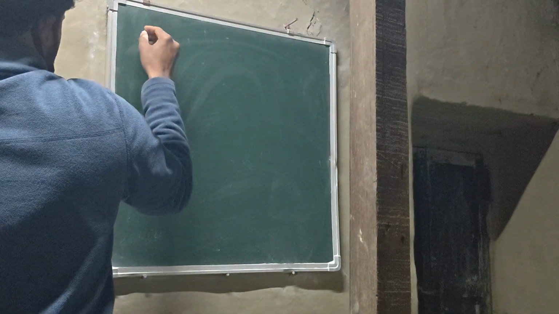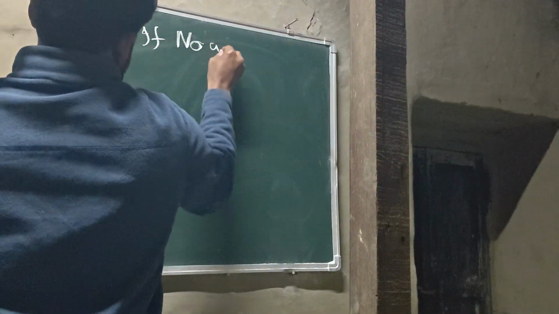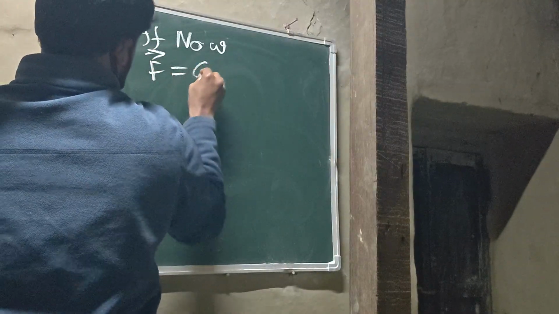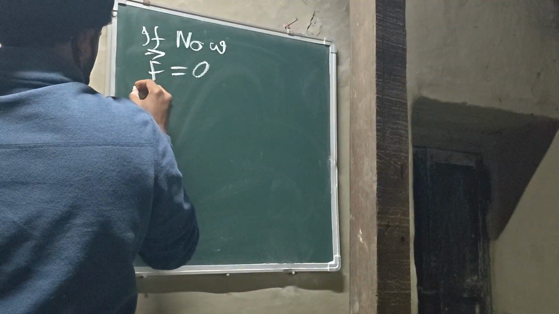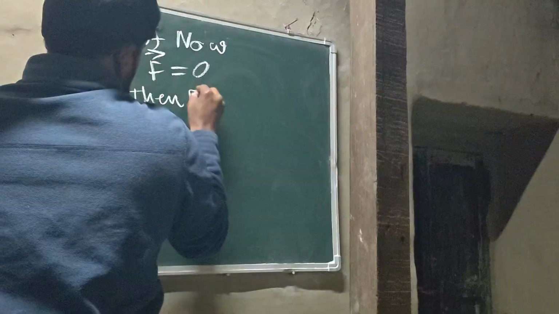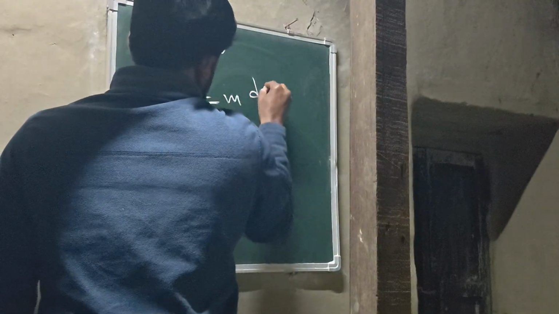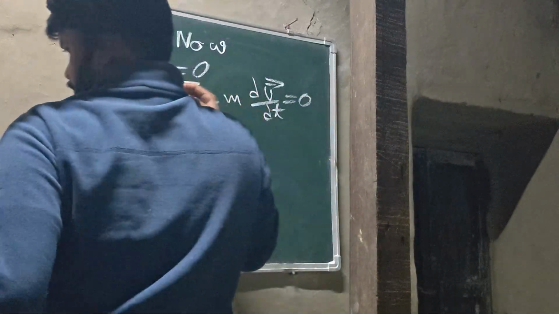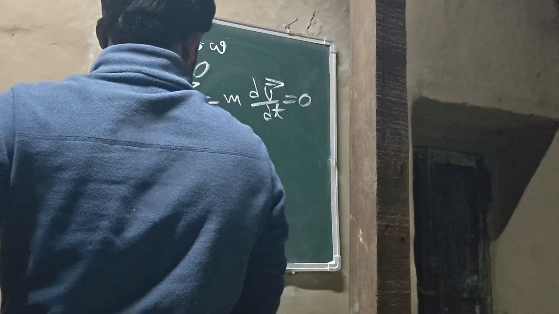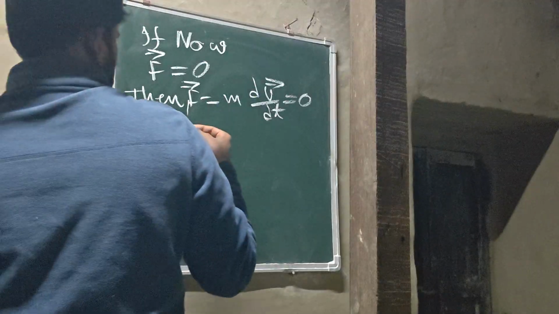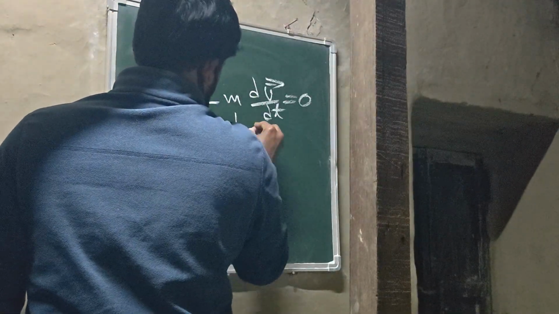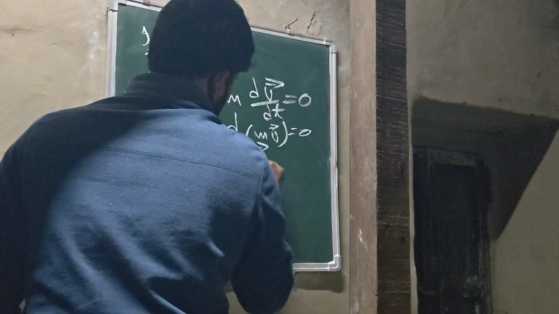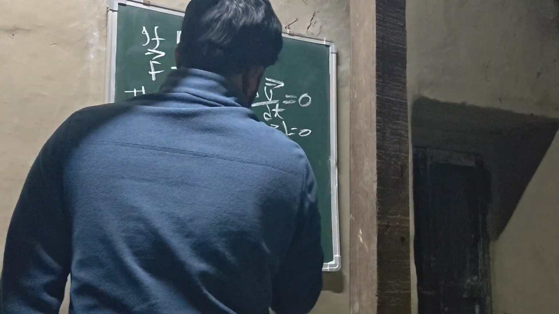If now the acting force F vector on the particle is 0, means F vector equals 0, then F vector equals m dv/dt equals 0, equals d/dt of mv vector equals 0, equals dp/dt equals 0.